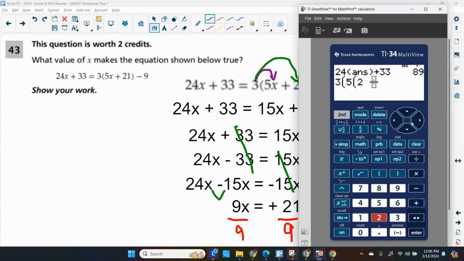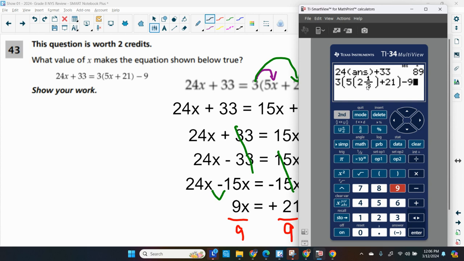2, move over, 1 down, third over, parenthesis, and plus 21, close parenthesis, and there's a minus 9 there at the end. Let me make sure I did it right. 3 parenthesis 5.